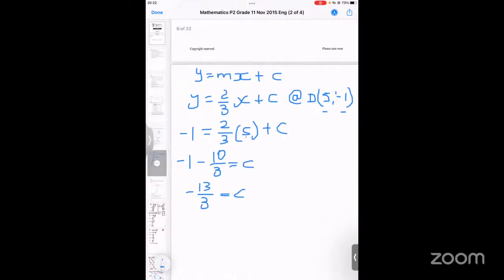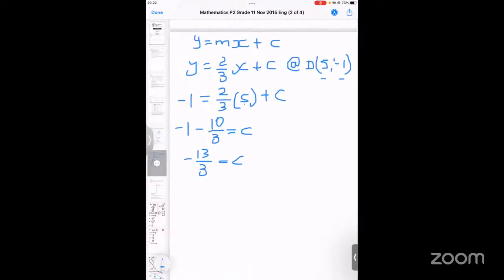If it's not in that form, then it's not correct. So you must continue to say y is equals to 2 over 3x minus 13 over 3. Then you are done. So others, they just leave it there.